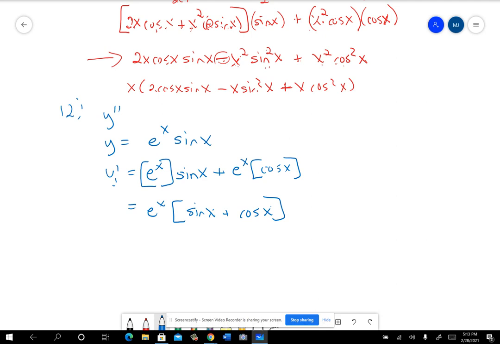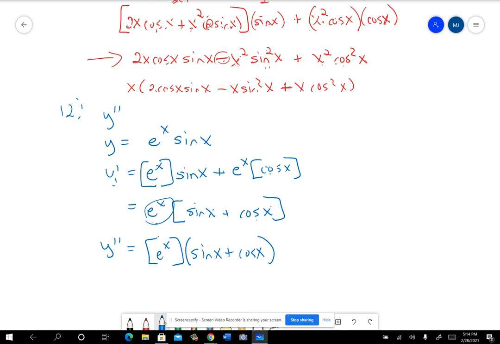And that may or may not make it easier because you're trying to do y double prime. So I was just kind of contemplating whether I'd rather do y double prime on the factored out form or this. I think it would be easy either way. All right, so now when we do double prime, I'm going to do the derivative of the first, which is e to the x, times sine x plus cosine x.